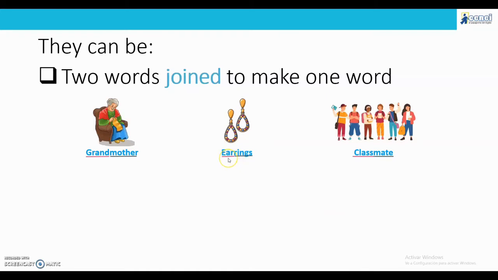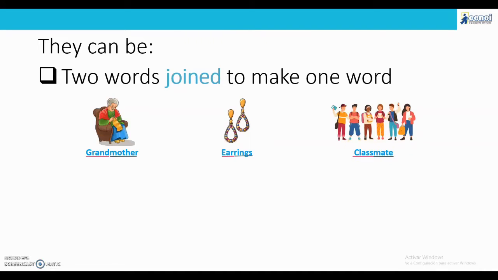The first one, ear, as you may know is a part of the body, and the second one, rings, is a type of jewelry. However, if you put them together, they make a new word with a different meaning, in this case, earrings. We also have the word classmate, with the first word class, as the one you're taking right now, and mate as a partner.